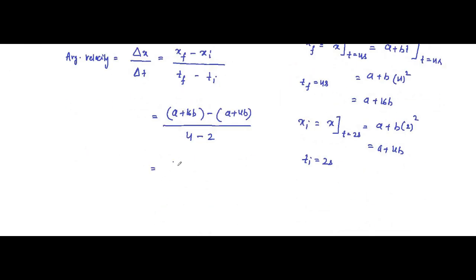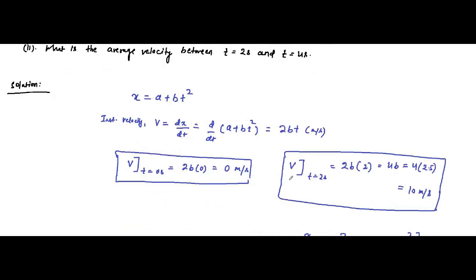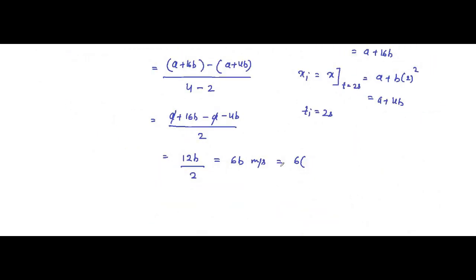So this will be equal to a plus 16b minus a minus 4b, divided by 2. The a cancels, and it will be 12b by 2, which is equal to 6b meters per second, the average velocity. Which is equal to 6 into, we substitute the value of b, which is 2.5.